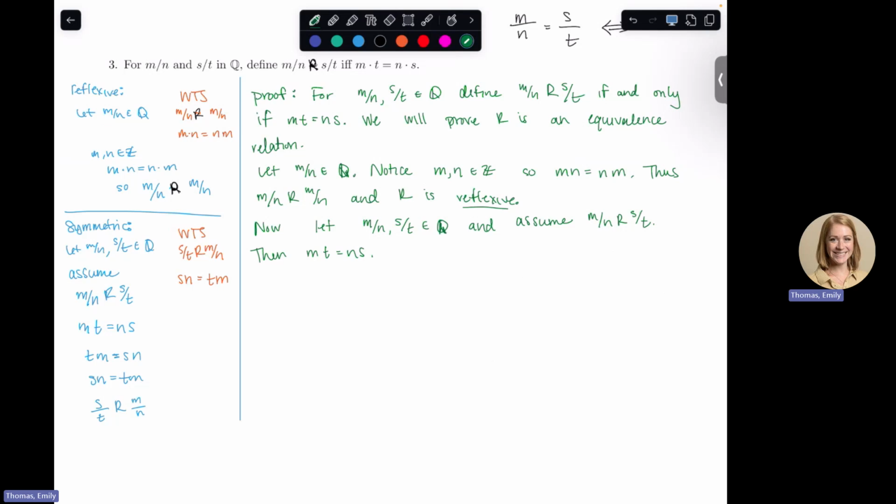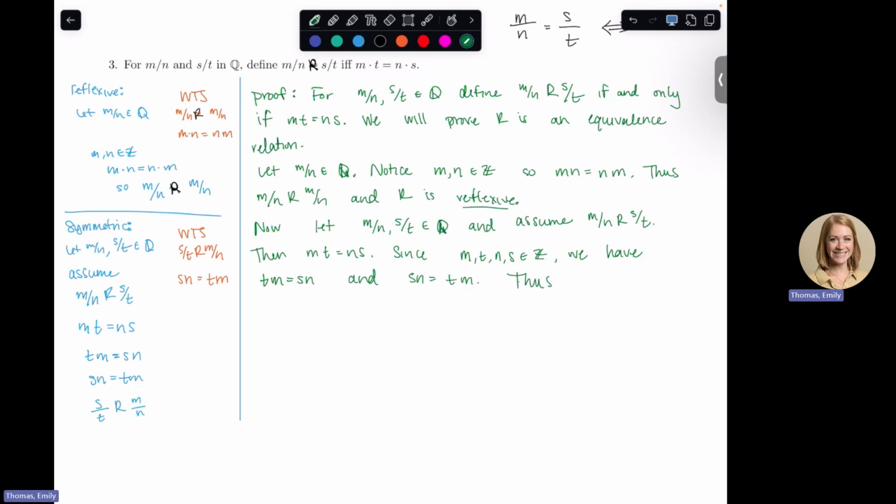How do I want to say this? Again, since M, T, N, and S are integers, we have Tm equals Sn and Sn equals Tm.